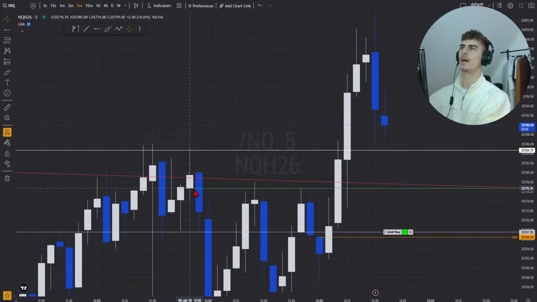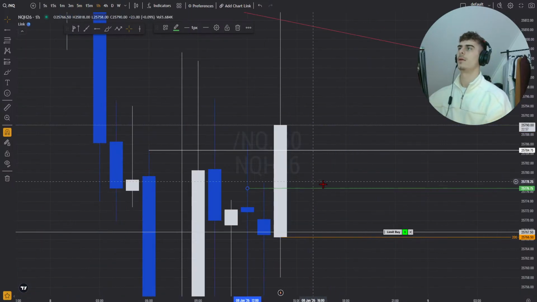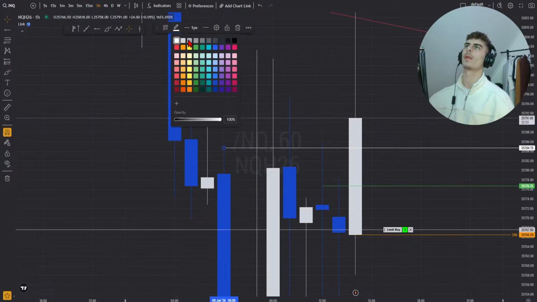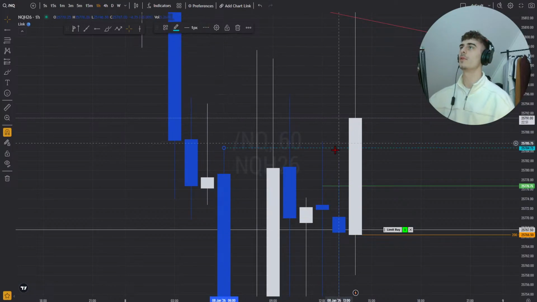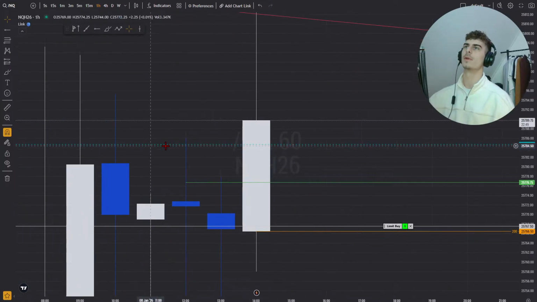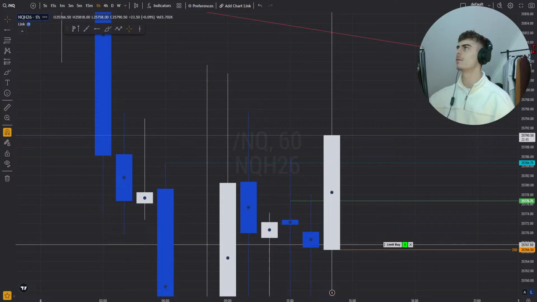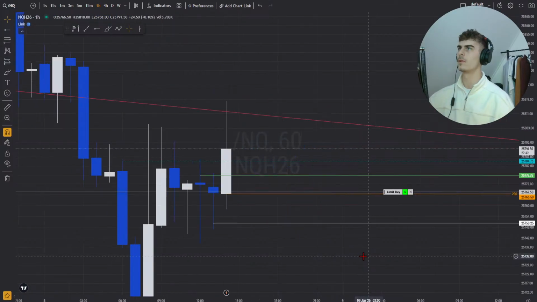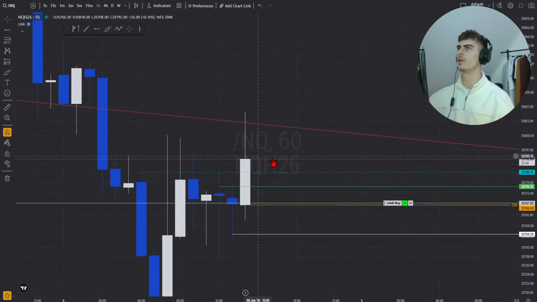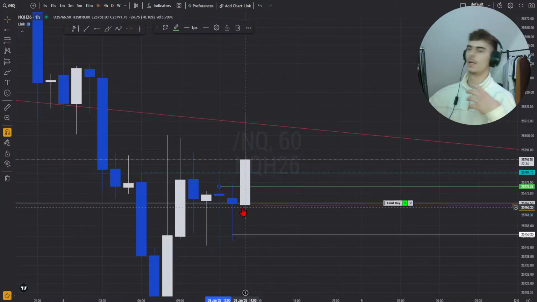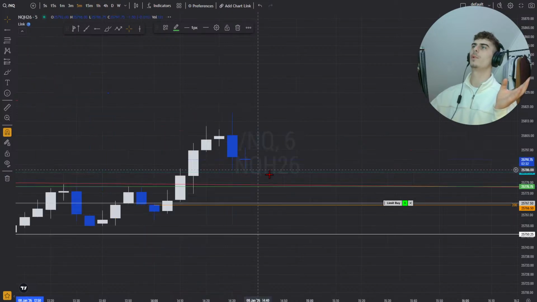It's held to move down, so this can be it. This is polarized by the way, so I'm going to use this. If we move through this with the body, we're probably going to take this level. If we're not going to move through with the body, we're just going to take a bounce on the next ladder point, trying to move up.